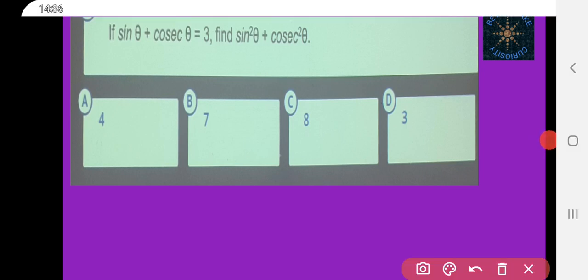Then next, here is a question. If sin theta plus cosec theta is equal to 3, find sin square theta plus cosec square theta. Okay, so let's see. You can square both sides.